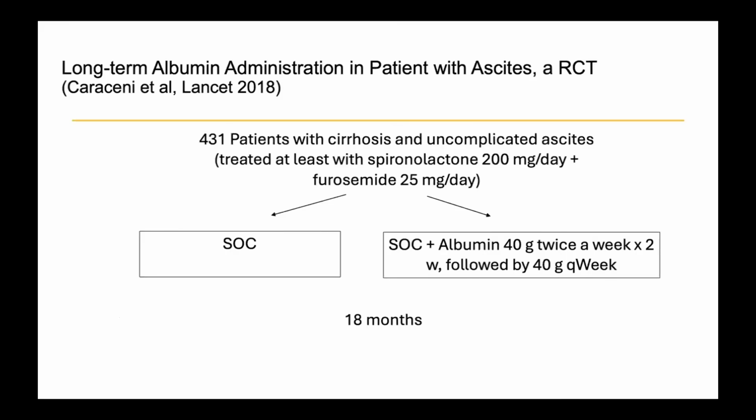So albumin, you all know the ANSWER trial from Italy, led by Paolo Caraceni, and 431 patients with cirrhosis and uncomplicated ascites treated at least with significant doses of spironolactone, but not refractory ascites, were randomized to standard of care or to albumin that was given with a load followed by 40 grams every week.